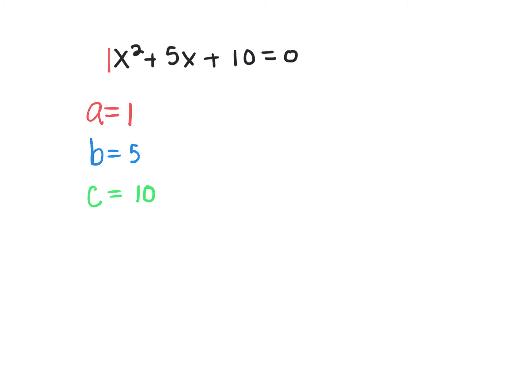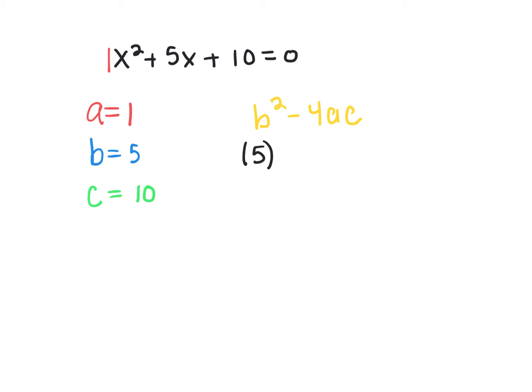And at this point, I just want to calculate the discriminant. And remember that the discriminant is b squared minus 4 times a times c. And so I'm going to substitute in here: b squared, and we are saying that our b is 5.